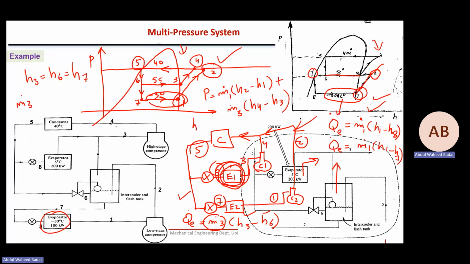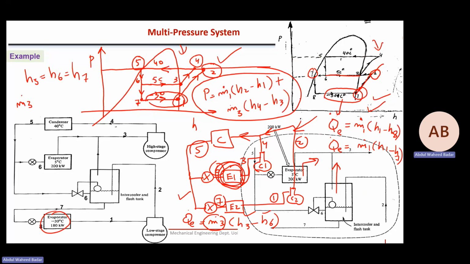All the enthalpies are known. So these new mass flow rates you will calculate, and the power input to the compressor. Yeah, m dot is not the same. M dot 3 now will be different. Even m dot 1 is also different because point 8 changed to 7.